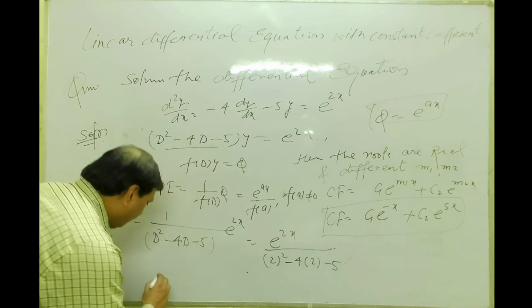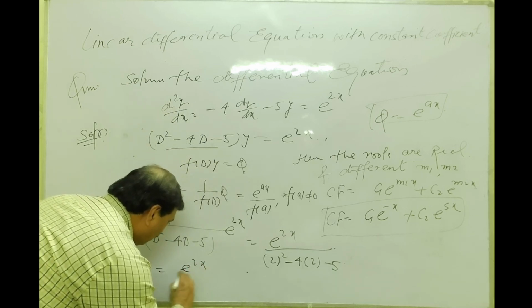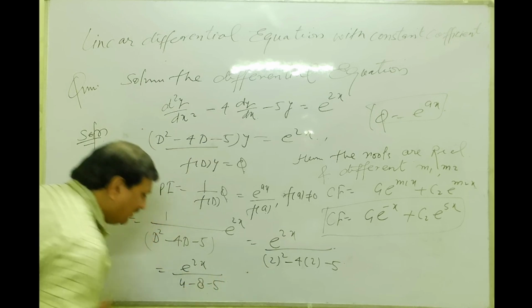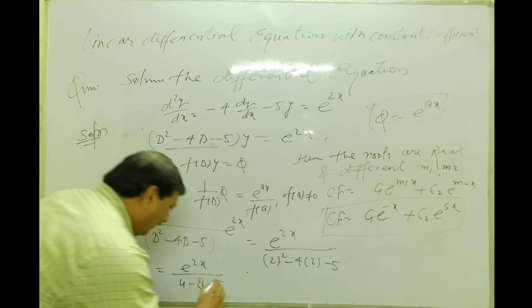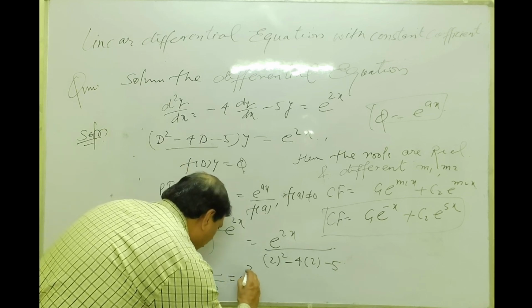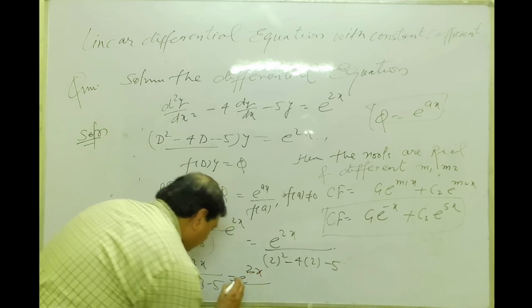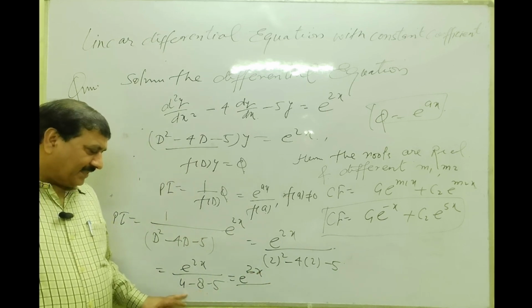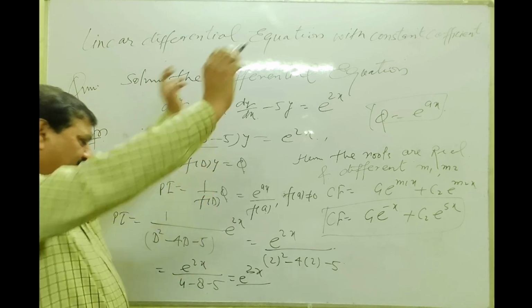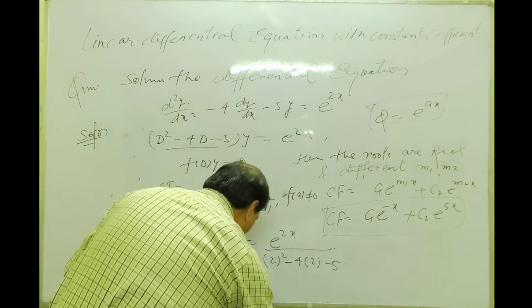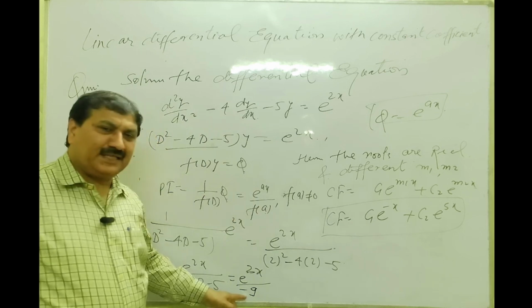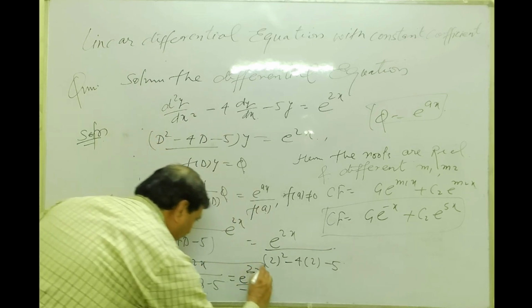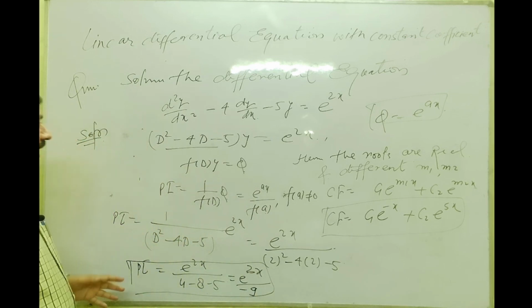After solving, 8 plus 5 is 13, less 4 is minus 9, so the particular integral is −e^(2x)/9.